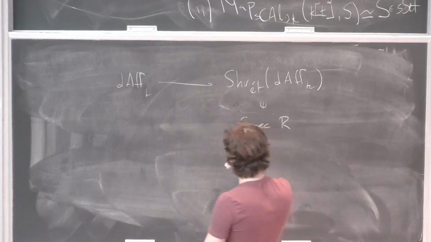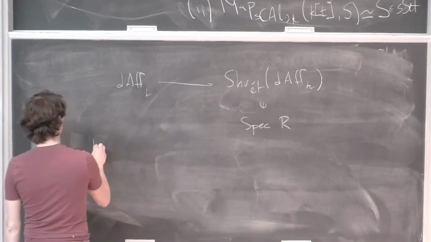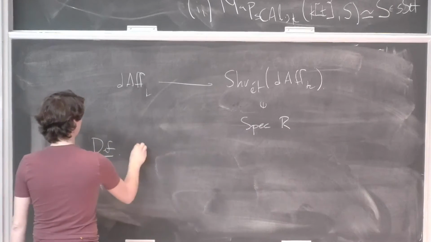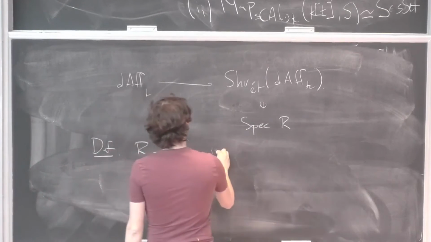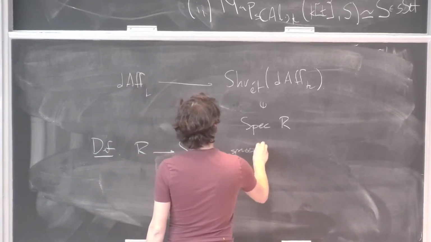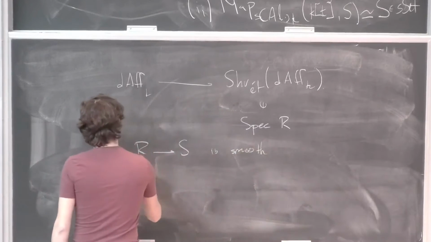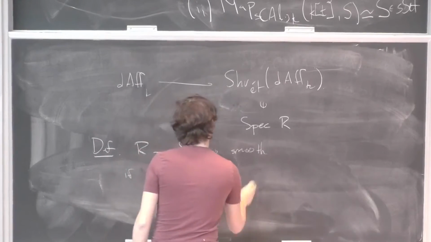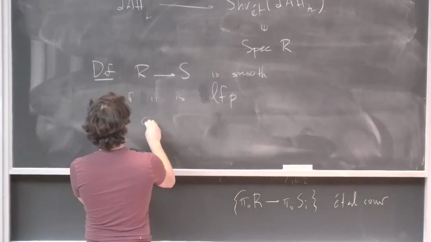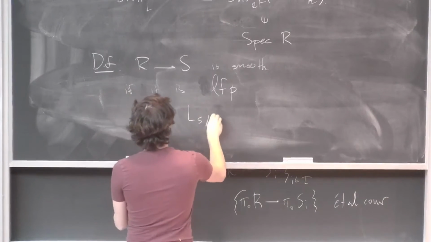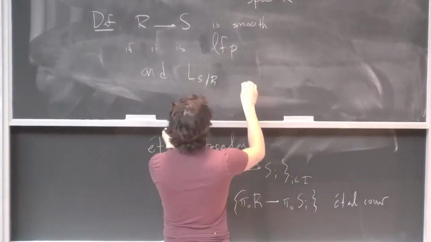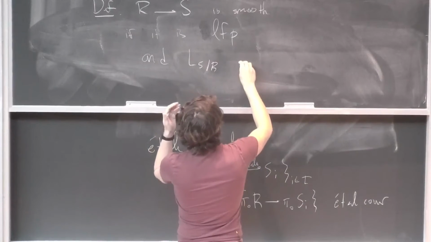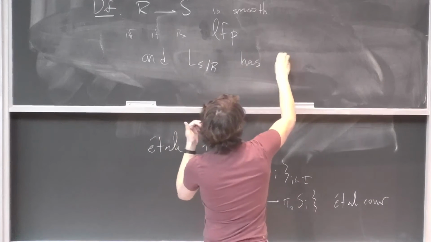I just wanted to say what it means for a map to be smooth. So this is smooth if it is locally of finite presentation, and the cotangent complex L S over R has Tor amplitude in [0, 0].